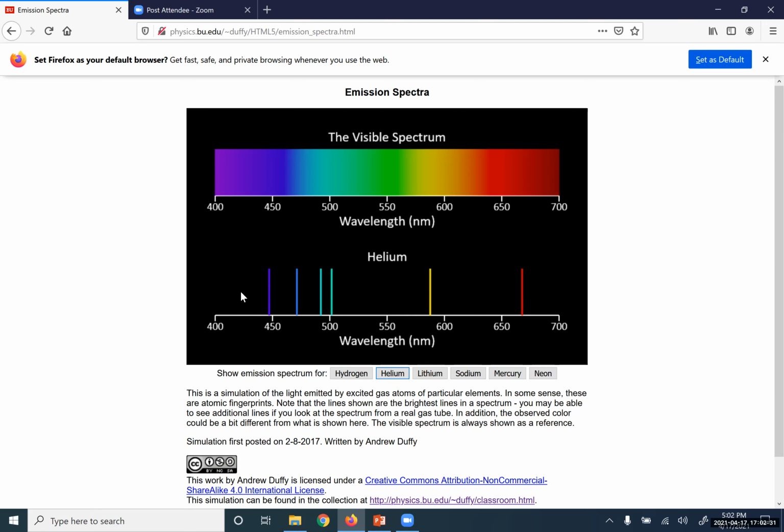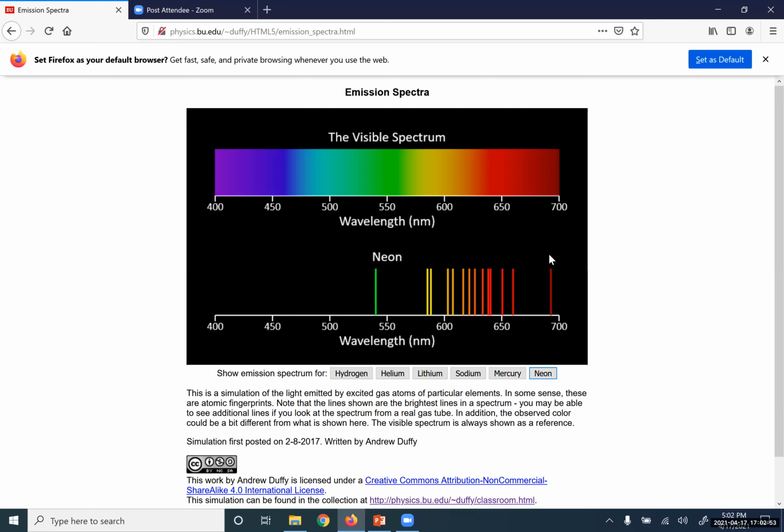For other elements, say lithium, again we have different colors. For sodium, we can clearly see only 4 lines in the visible region. For mercury, again we have different colors, different frequencies. For neon, again we have different ones.